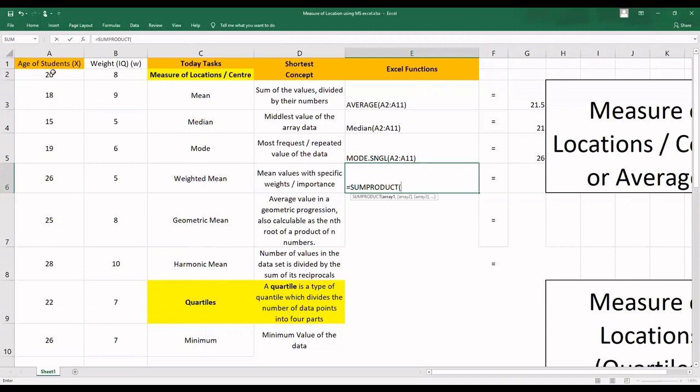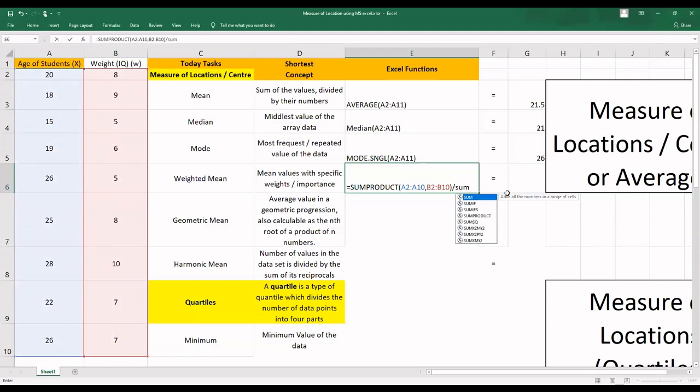We select the first column as x, comma, and the second column as w, and Excel will do the product and sum at a time, divided by the sum of the weights. The weight comes as the denominator, because the formula is the sumproduct of both columns, age and weight, divided by their weights.